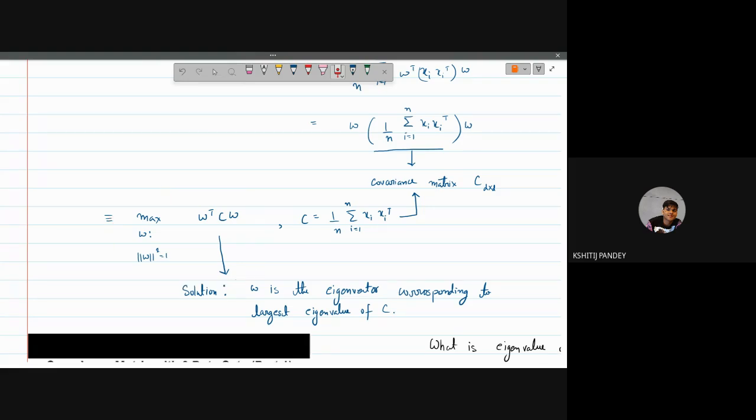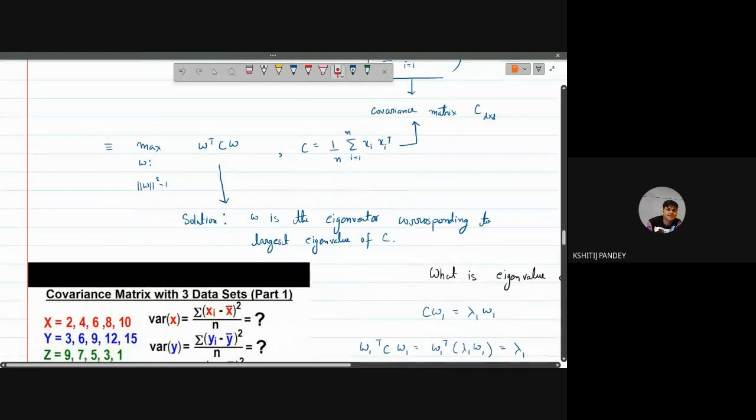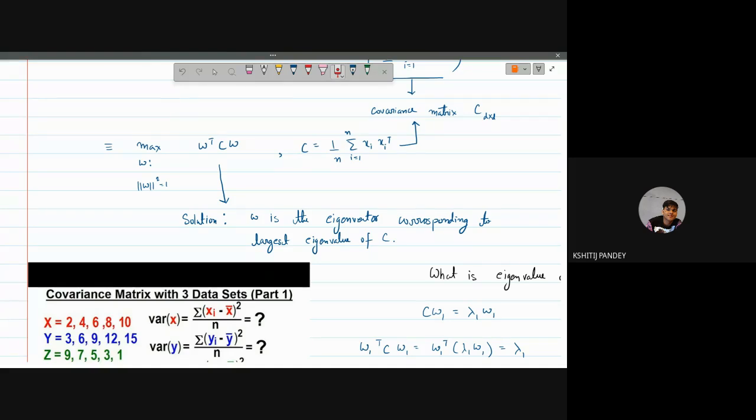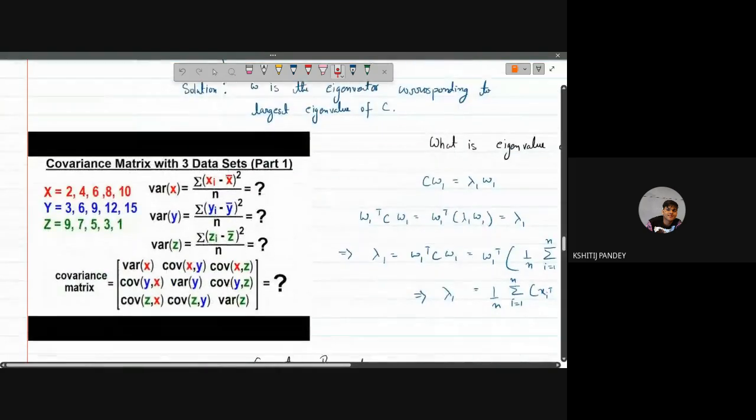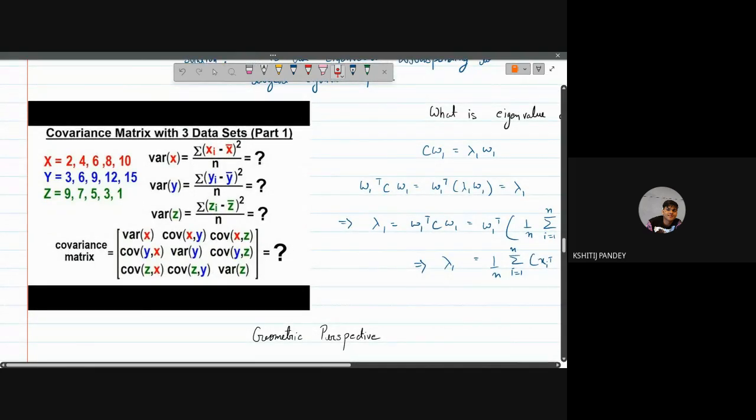The solution is that W is the eigenvector corresponding to the largest eigenvalue of C. We'll talk about what a covariance matrix is and what eigenvalue and eigenvector are, what these terms are. So first of all, let's talk about the covariance matrix for those who have not done MLF.